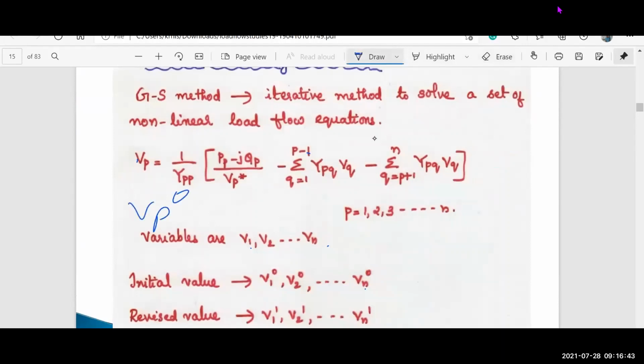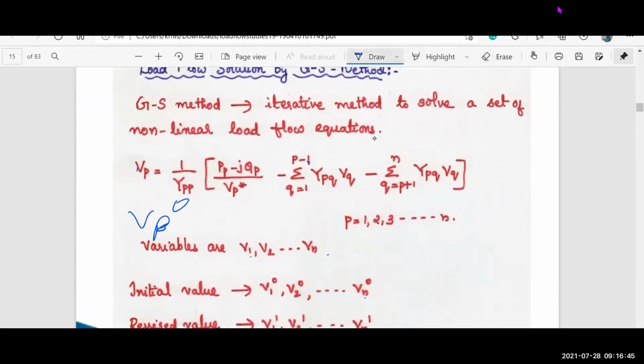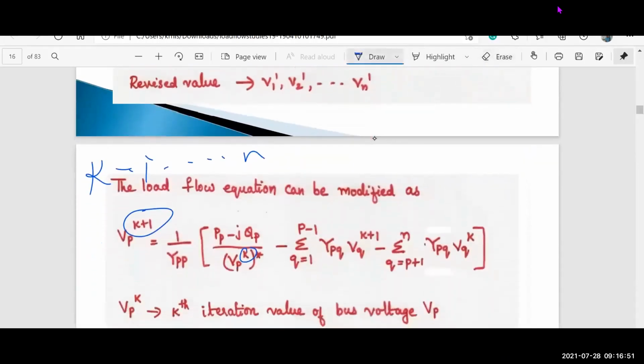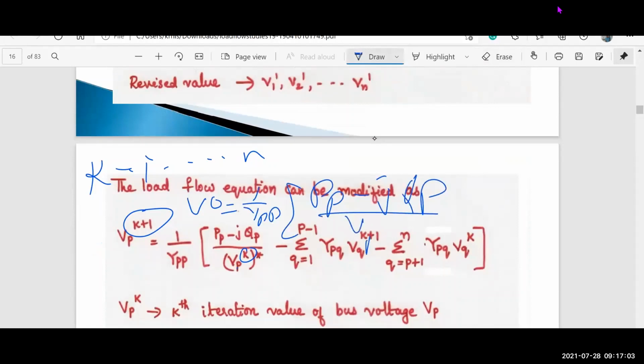Let's take the V0, or we'll erase the VP. I think the first value would be this: V0 equals 1 by YPP, (PP minus jQP) over V0 star, right? The same manner now.